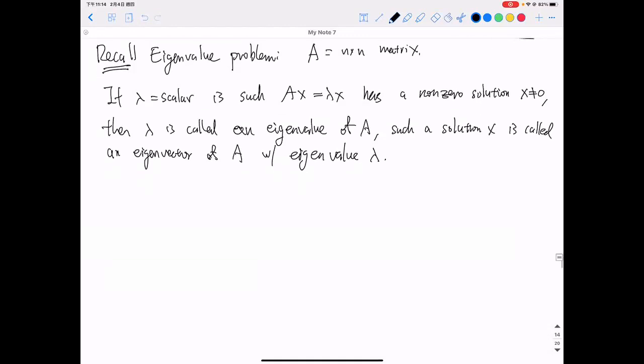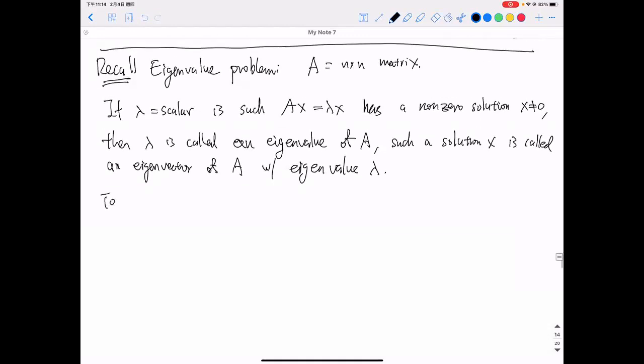Okay, so to find eigenvalues, we need Ax equals lambda x to have a non-zero solution.